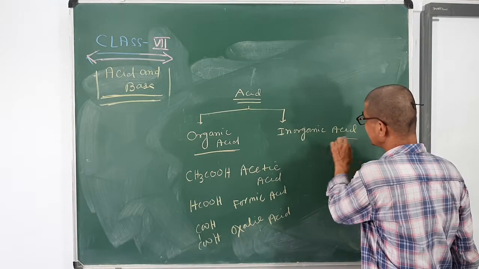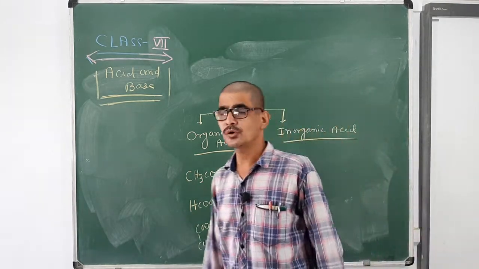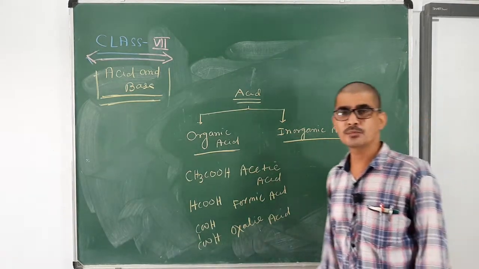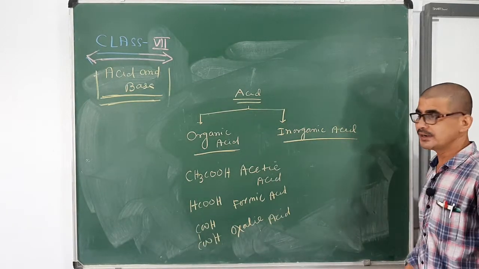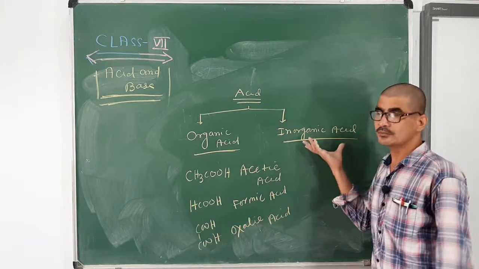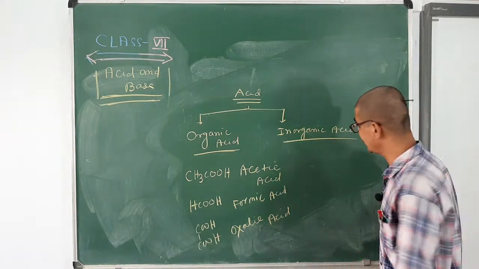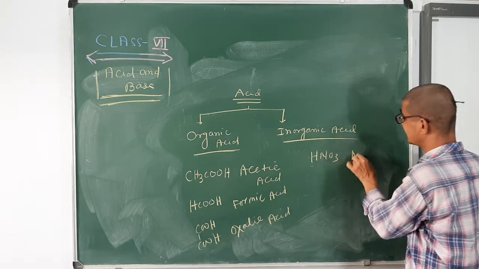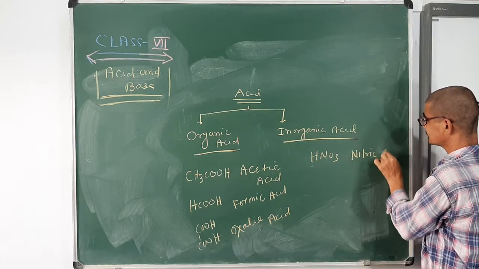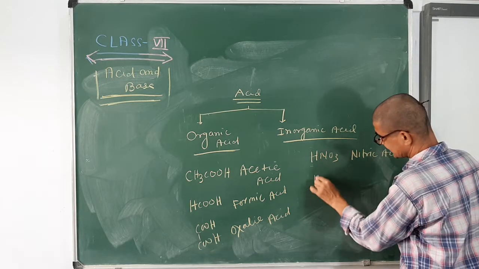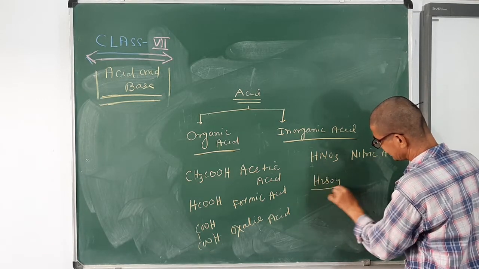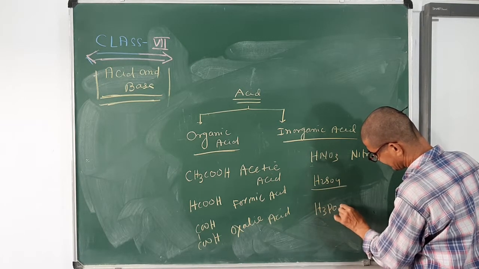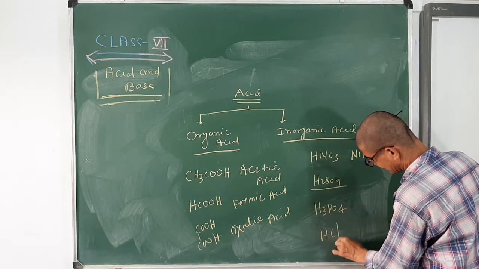Now another is inorganic acid. It is also known as mineral acid, acid which is obtained from earth crust or minerals, such as nitric acid, sulfuric acid, phosphoric acid, hydrochloric acid.